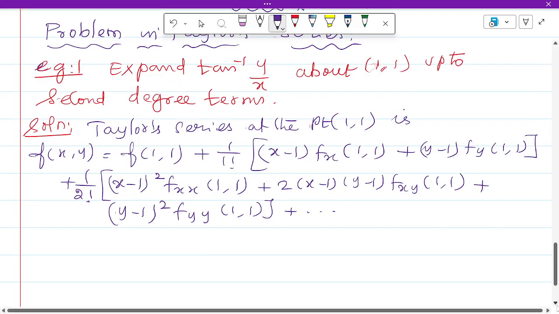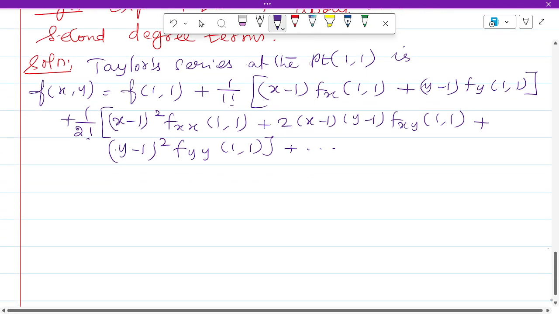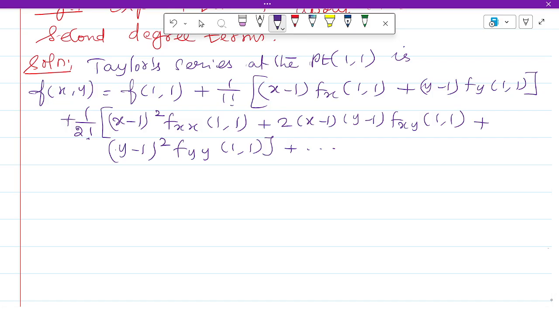Okay. Now for the given function we can find the values. Given f(x, y) equals tan inverse of y by x, what is f(1, 1)?